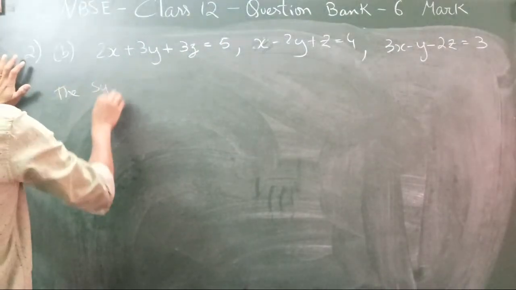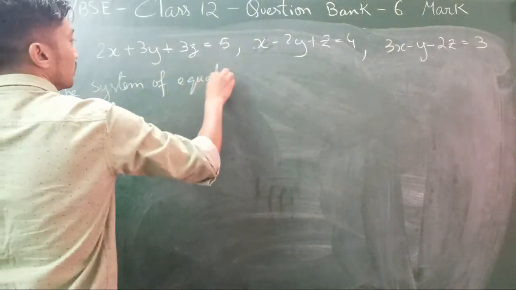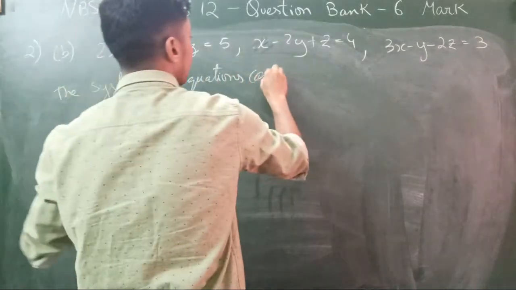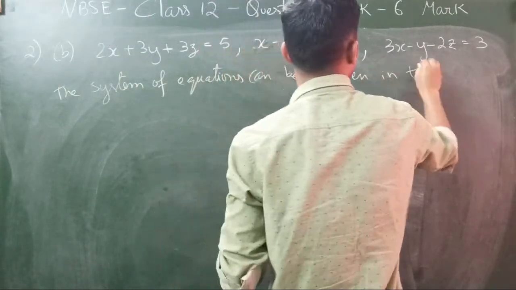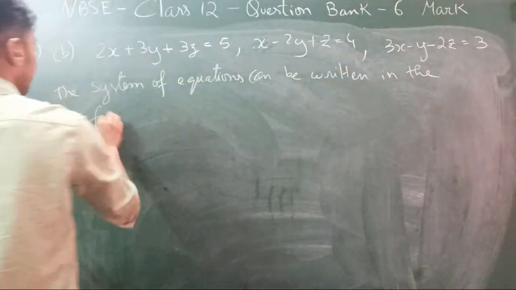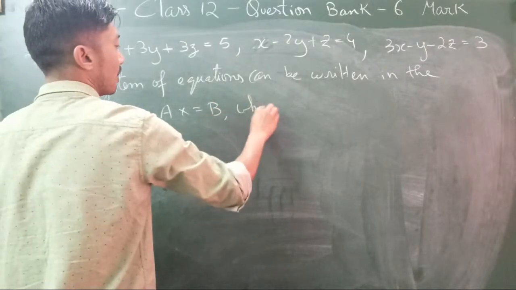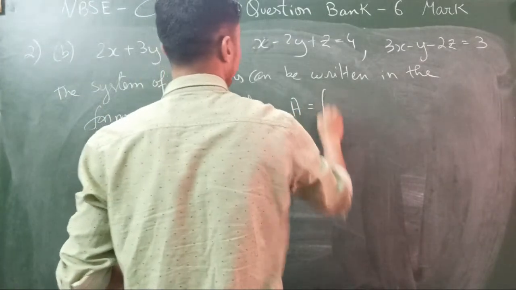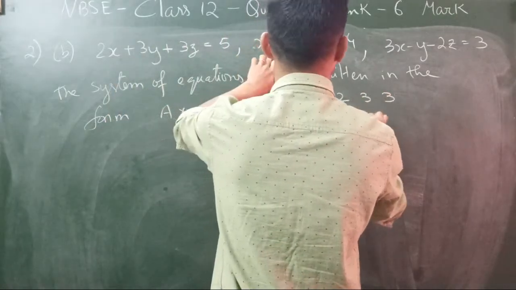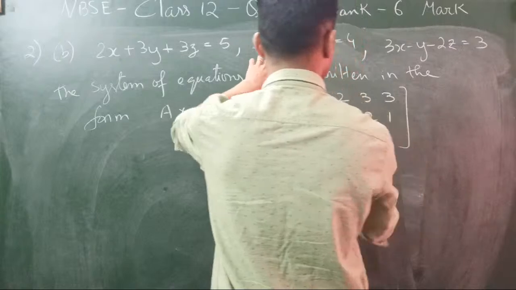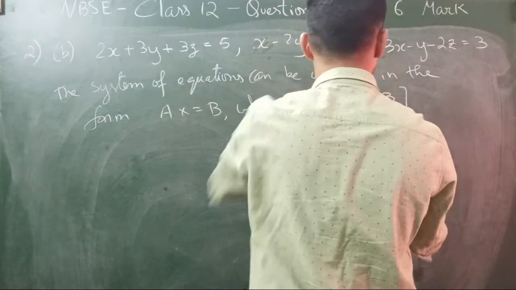The system of equations can be written in the form AX equal to B, where A is 2 3 3, 1 minus 2 1, 3 minus 1 minus 2.